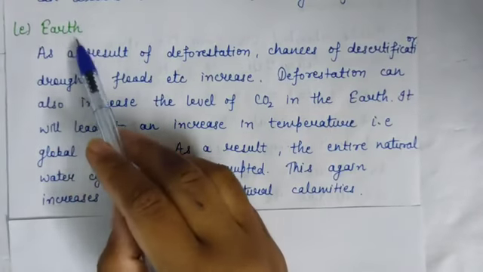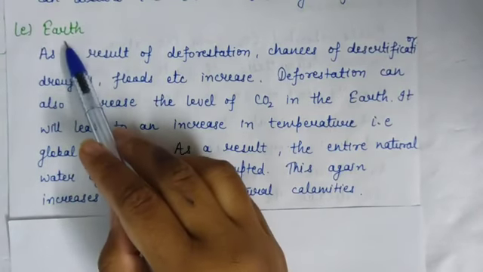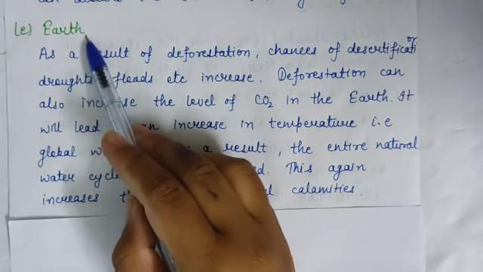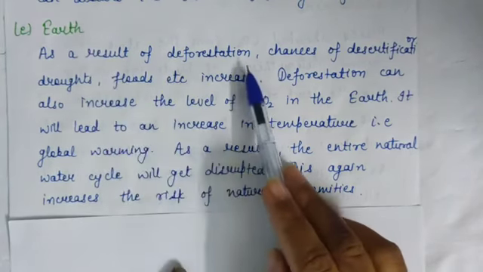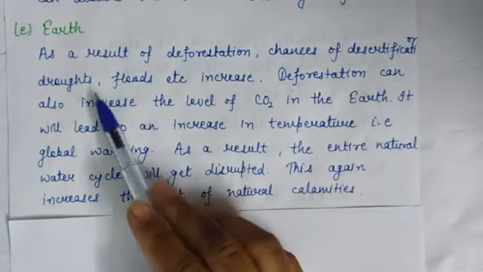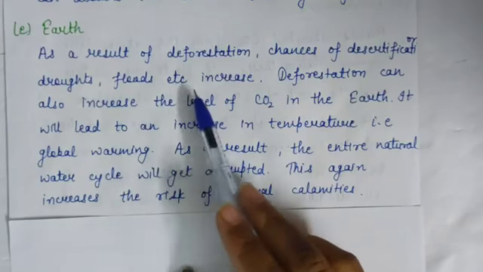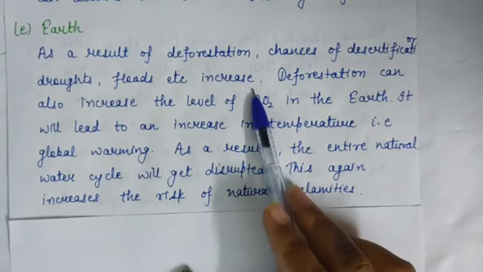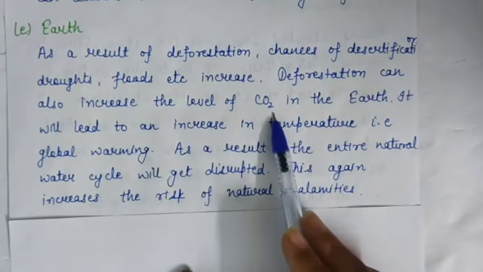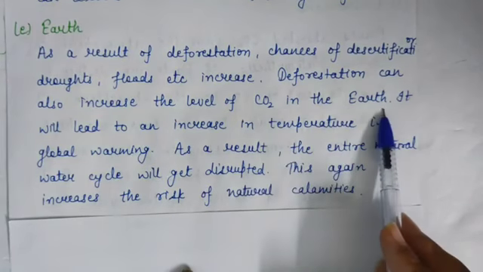Now the next part is earth. Deforestation also affects the earth, and how? As a result of deforestation, chances of desertification, droughts, floods, etc. increase. Deforestation can also increase the level of CO2 on the earth.